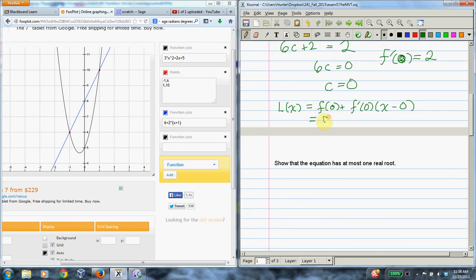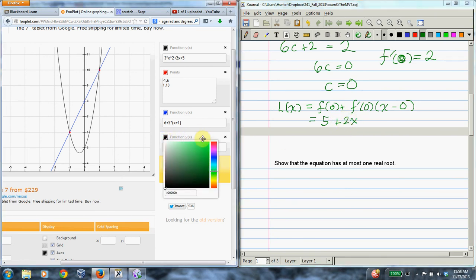So this is going to be 5 plus 2x, right? And green is a lovely color, so let's put it in here as 5 plus 2x. Bam! So you can see that it works, right? The mean value theorem says that there was such a point, and there it is. You can clearly see that it is.